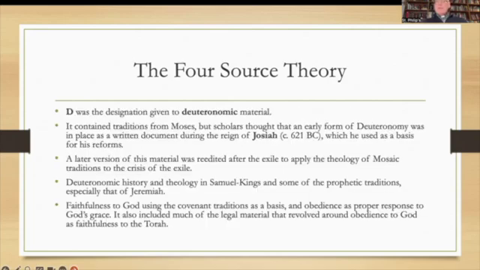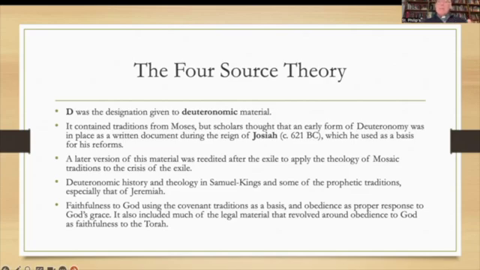The third major source, according to this theory, is called D because it is the Deuteronomic material. As we mentioned before, that's the second law. Deuteronomy means second law. And this has all kinds of interesting pieces. It contains some of the traditions of Moses, but probably gets written down during the reign of Josiah.